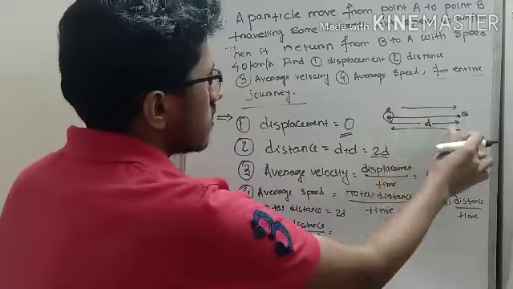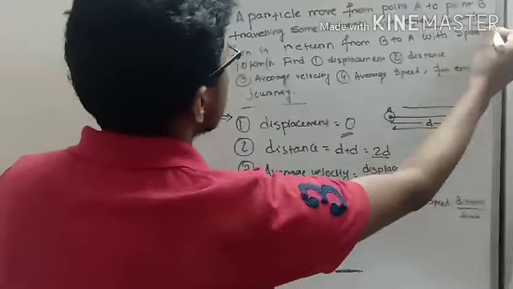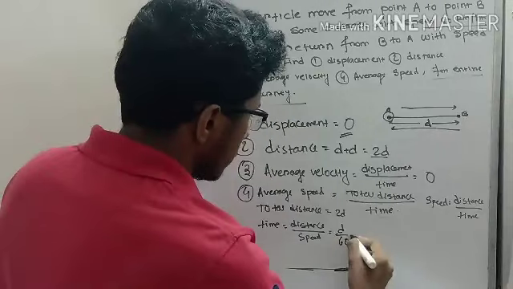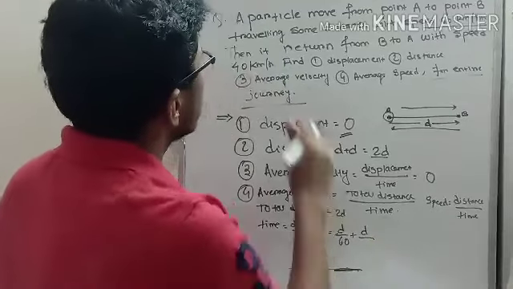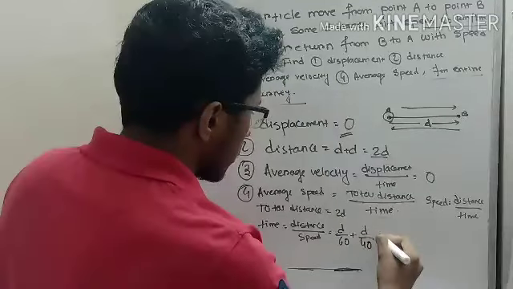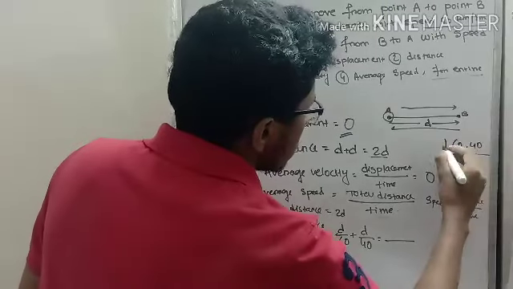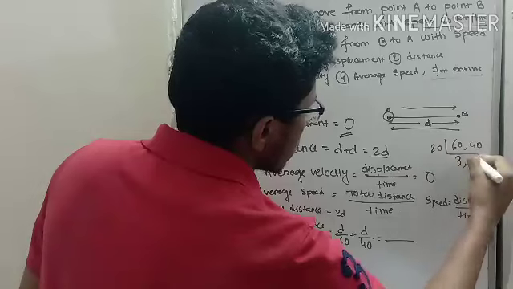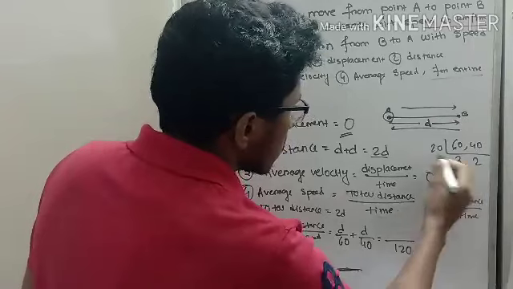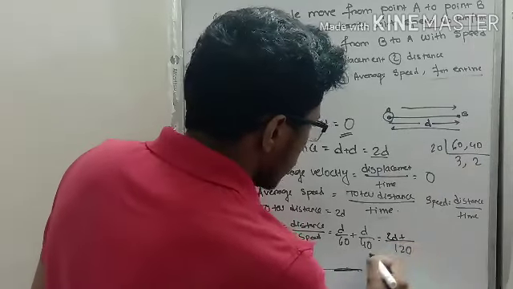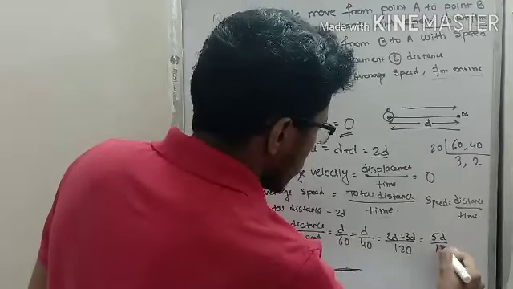So for A to B, the distance is D and the speed is 60 km per hour. And for B to A, the distance is D and the speed is 40 km per hour. Okay. So for 60 and 40, the LCM is 120. So 2D plus 3D is 5D by 120.